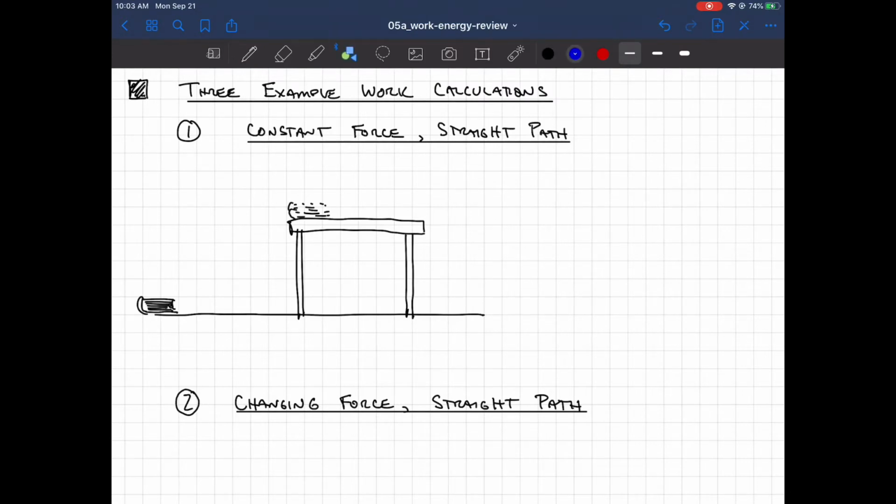Then I could take a straight line path from the initial to the final point and call that the delta r vector. So that's a straight line path. And at any point in that path, you have exactly the same gravitational force acting on the book.